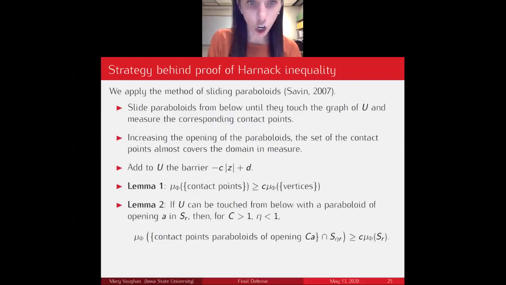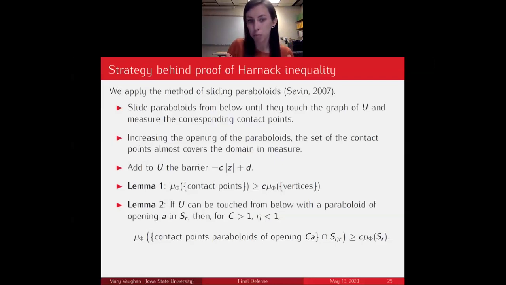The second thing we show is that if we can touch u from below with a paraboloid of opening A in a Monge-Ampere section S_R, then in a smaller section, S_{δR}, we can touch from below with paraboloids of greater opening, which means narrower paraboloids.